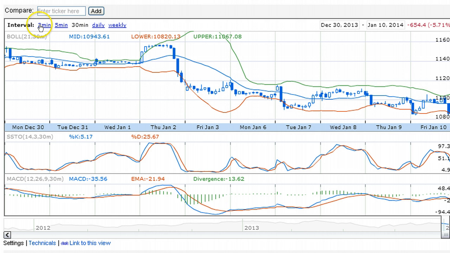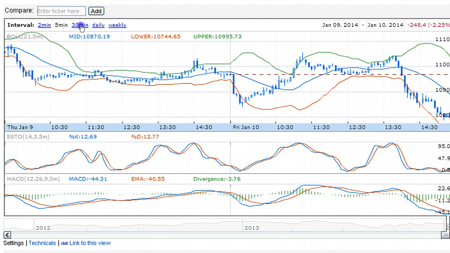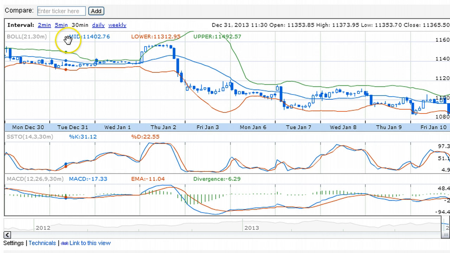There are various time intervals here: 2 minute, 5 minute, 30 minute. It means that each of these candlesticks represents the respective time frame. Meaning when I select the 30-minute chart, one candlestick represents a 30-minute time period in the stock market of trades.